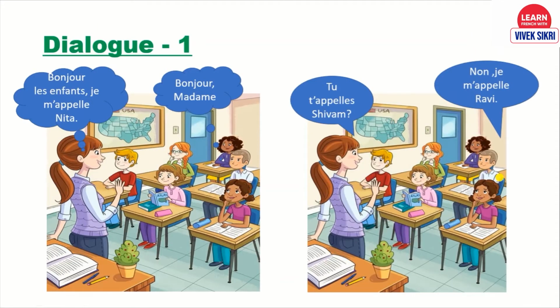Bonjour les enfants. Je m'appelle Nita. Bonjour madame. Tu t'appelles Shivam? No. Je m'appelle Ravi. Good morning, children. I am Nita. Good morning, madam. Are you Shivam? No, I am Ravi.